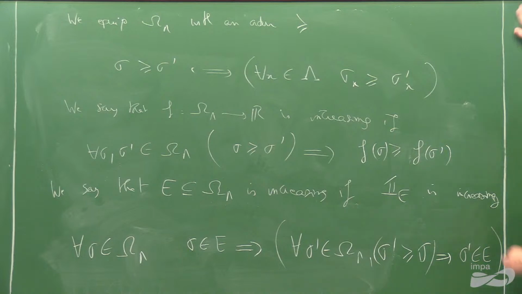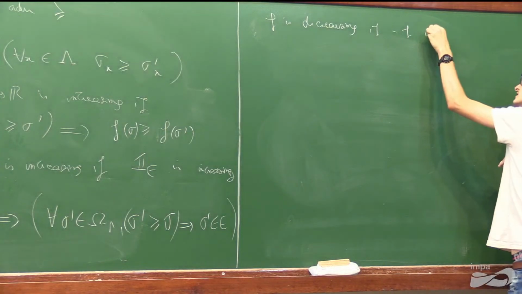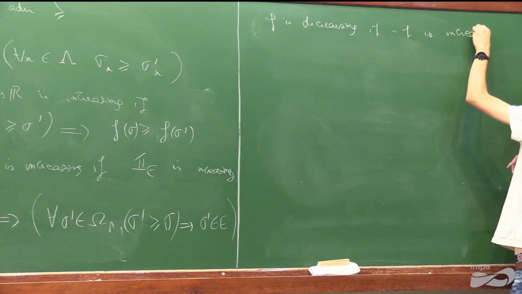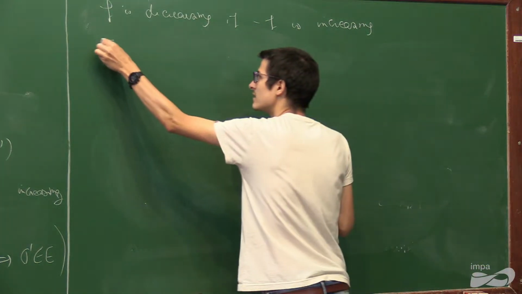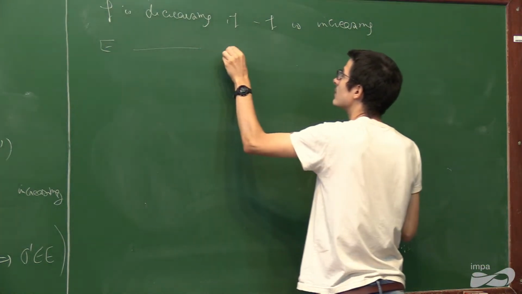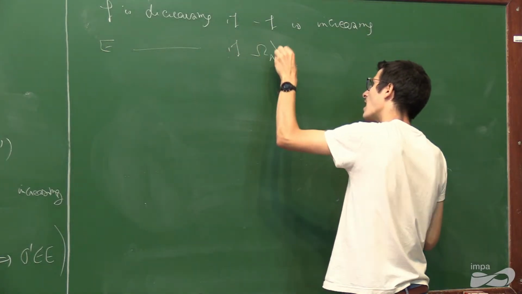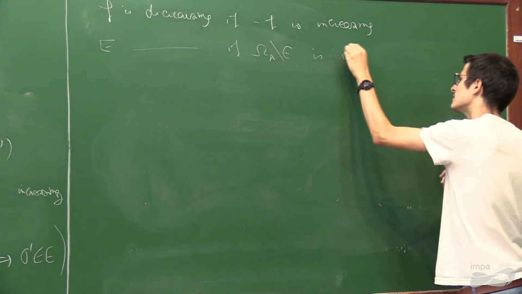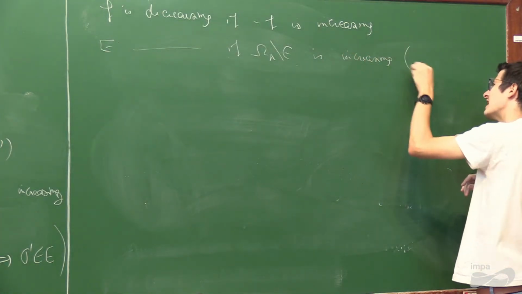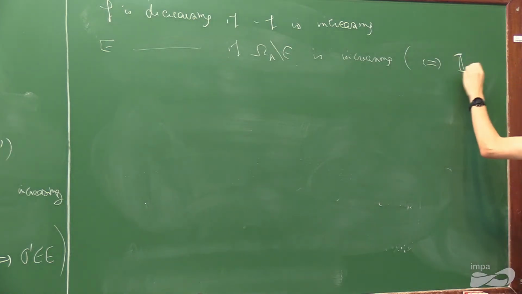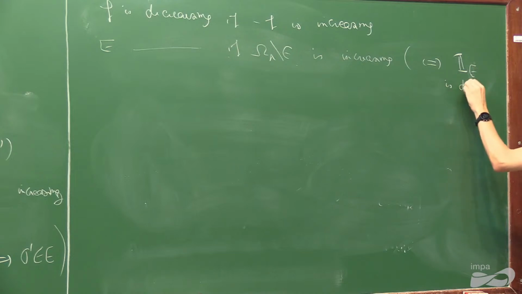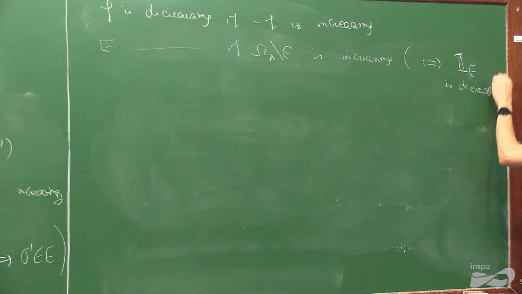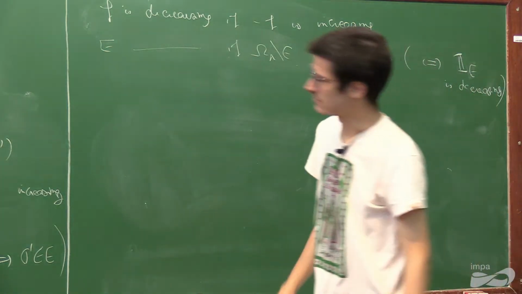So f is decreasing if minus f is increasing, and E is decreasing if its complement is increasing. This is equivalent to saying that the indicator of E is decreasing. You can just check that as an exercise.